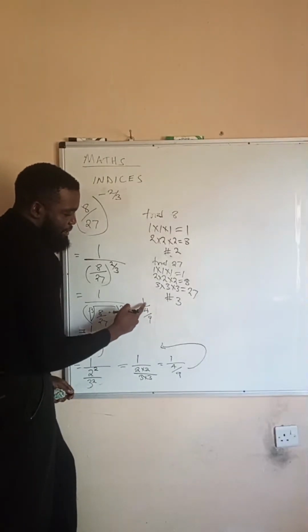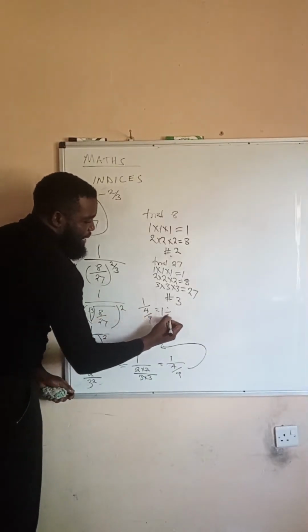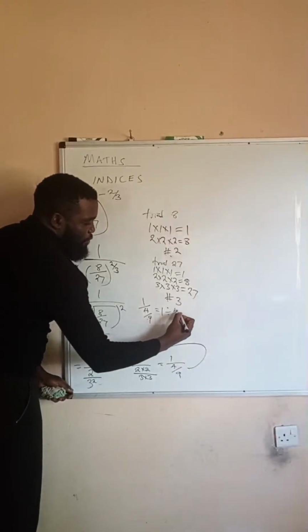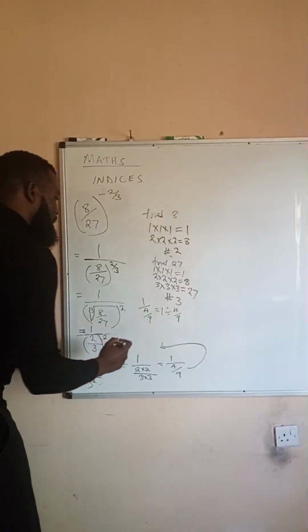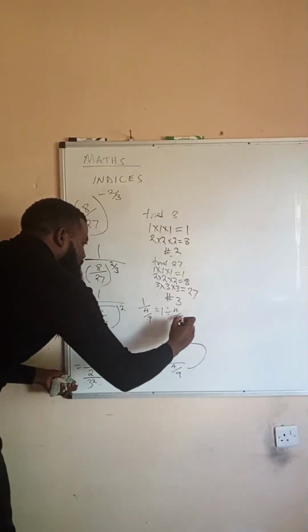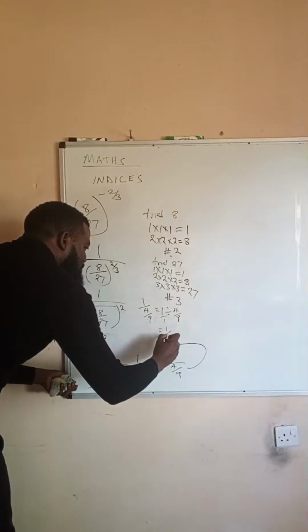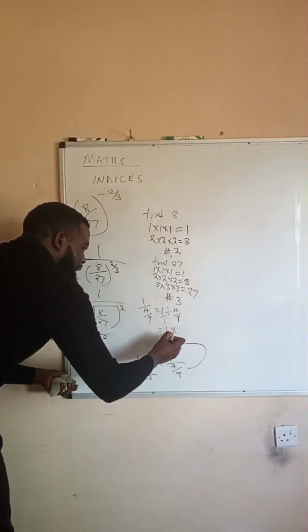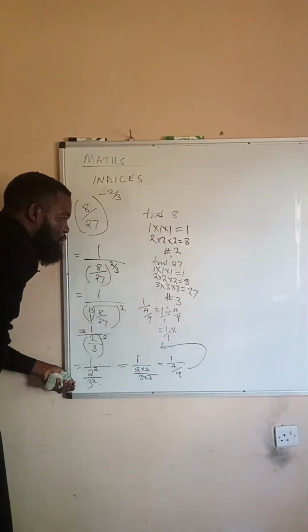1 over 4 over 9: the dash means divided by. So it means 1 divided by 4 over 9. Any number on its own is over 1. So 1 over 1, division becomes times, then the one down goes on top, 9 goes on top.